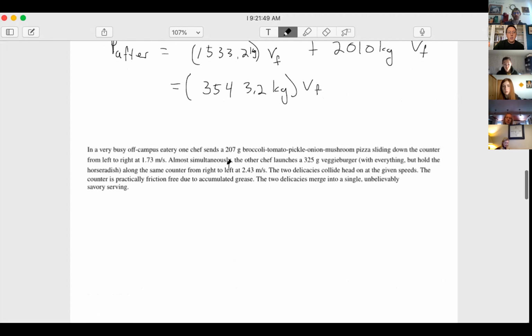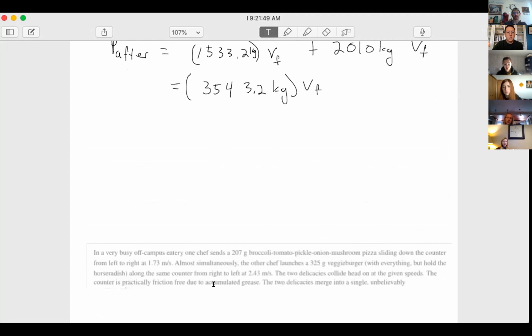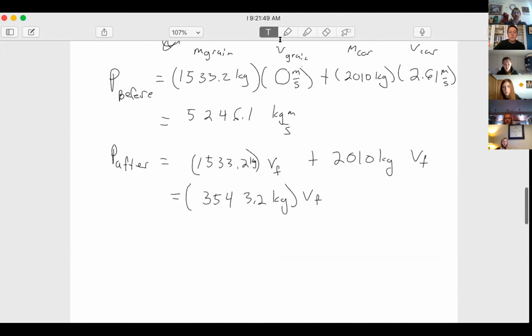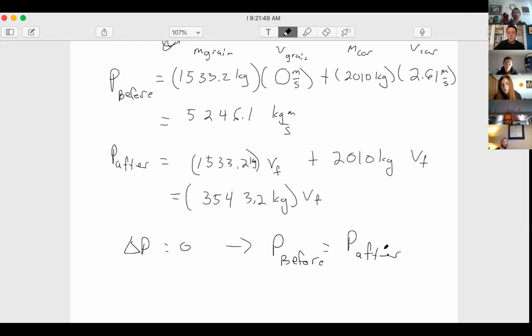And then my key equation says that the change in momentum is 0, which means the momentum before equals the momentum after. So this number equals this expression, and I have to set them equal.